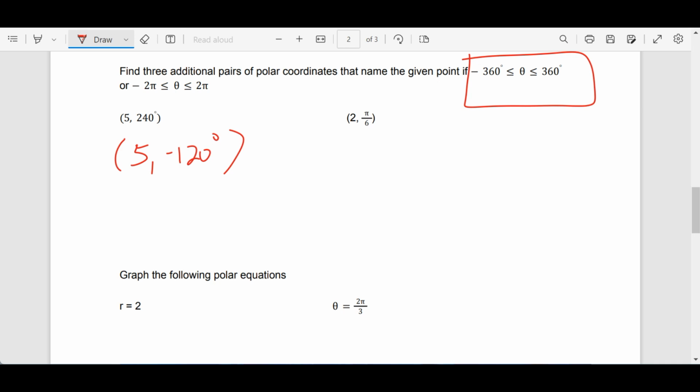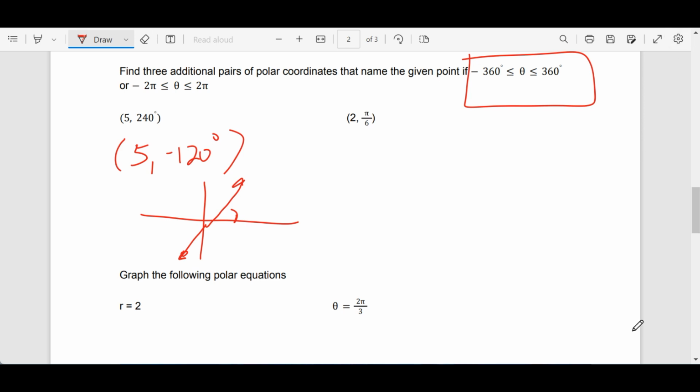But what I can do, keep in mind, 240 is down here. To get to 5, 240 right here, there's multiple ways, right? So if I was going the opposite direction right here, and if I had a negative 5, I can also get that. So what is that in degrees? How can we find what that is in degrees?